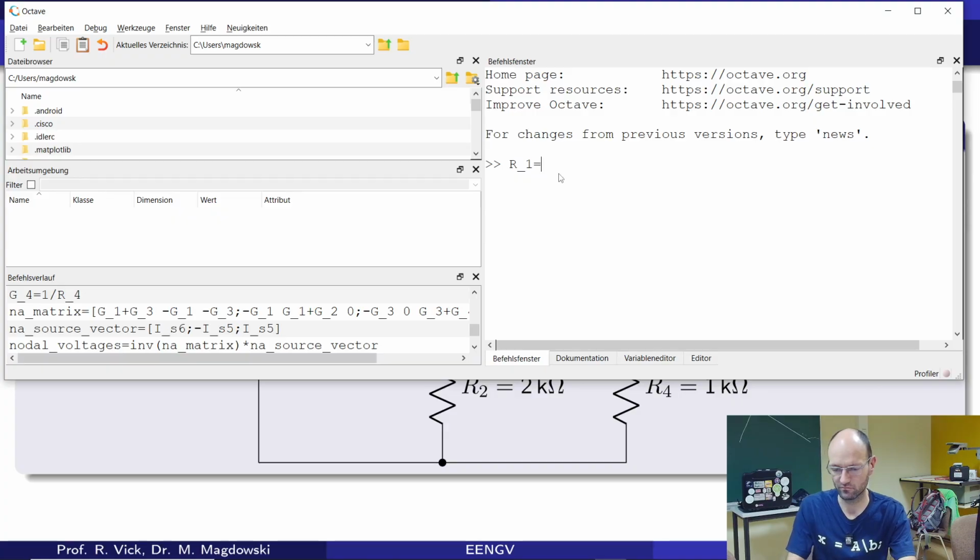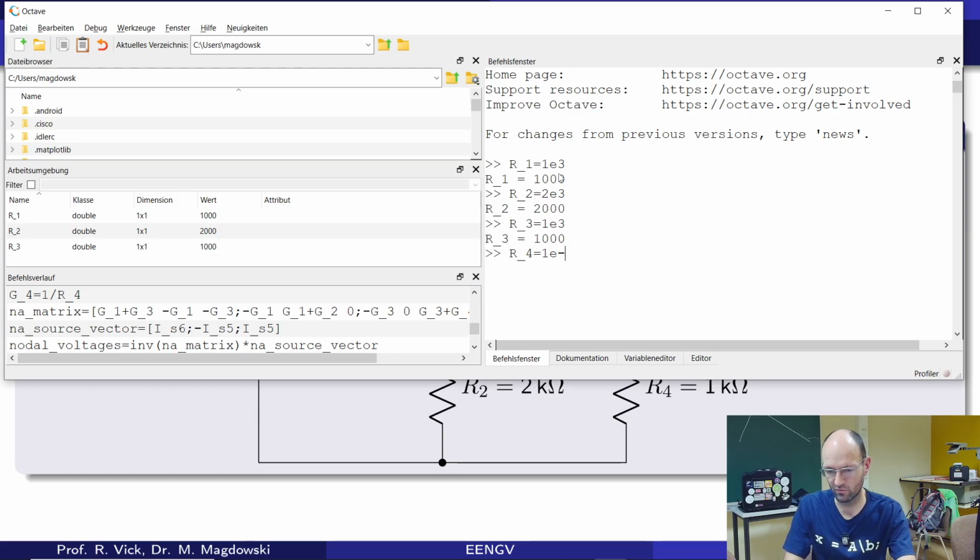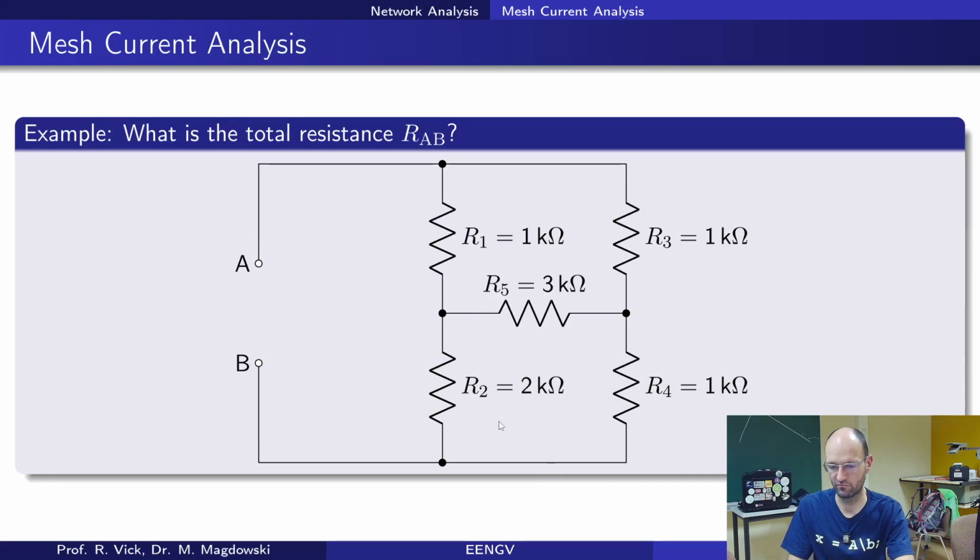So R1 was 1 kilo ohm, R2 was 2 kilo ohm, R3 was 1 kilo ohm, R4 was also 1 kilo ohm, and R5 was 3 kilo ohms. Okay, so now we have these values here.